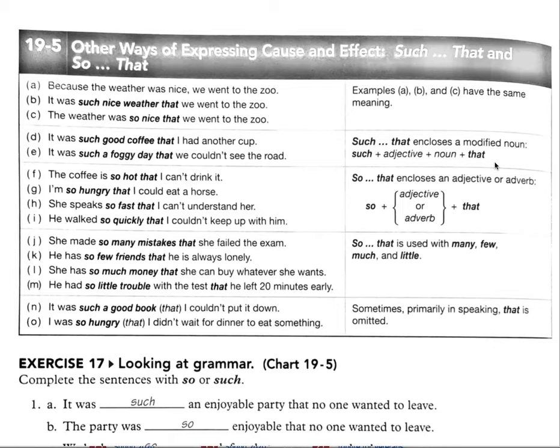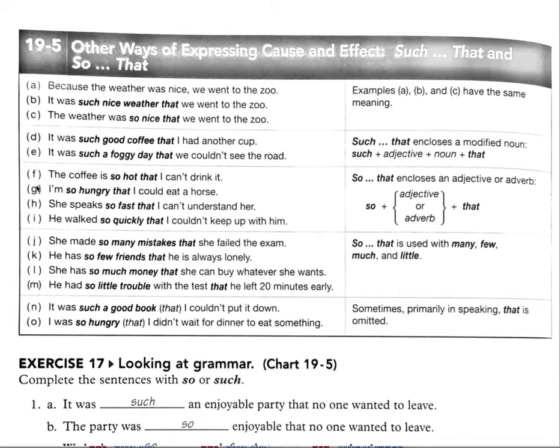So expensive would be your adjective, and then meal would be your noun. So here, remember, such and that encloses a modified noun, like good coffee, foggy day.